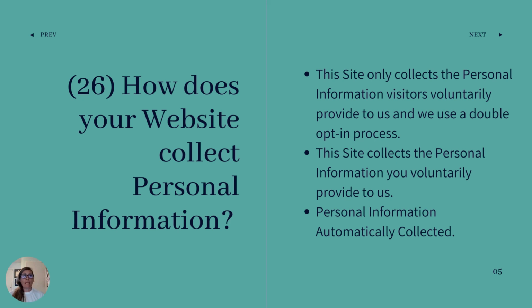Your site only collects the personal information that's voluntarily provided, and you use a double opt-in process, meaning the only type of personal information you collect is when someone voluntarily gives it to you, like maybe you have a free goodie opt-in for a newsletter, and they give you their email address and their name, and then before you take that information, there's a second double confirmation or double opt-in process.